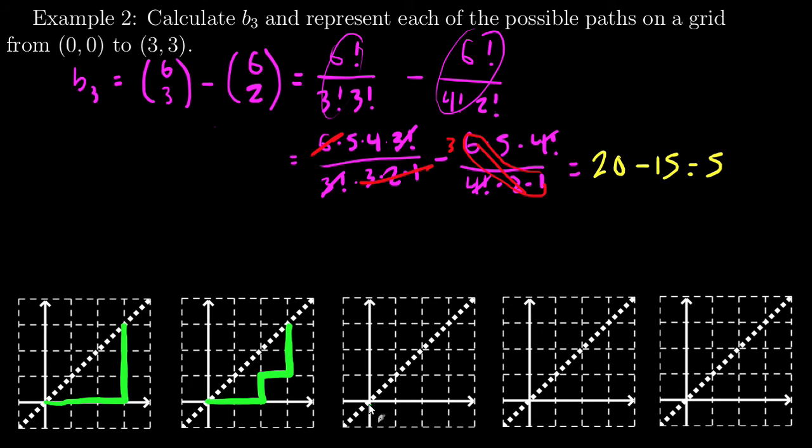I can go 2 right, 2 up, 1 right, 1 up. I can go right, up, right, right, up, up. And then finally, right, up, right, up, right, up. That's 5. And if you try to do any more, you won't be able to find any more. These are the only 5 ways that I can make these steps and not go above y equals x.